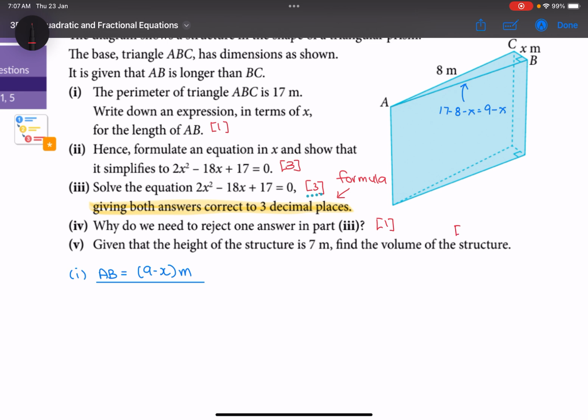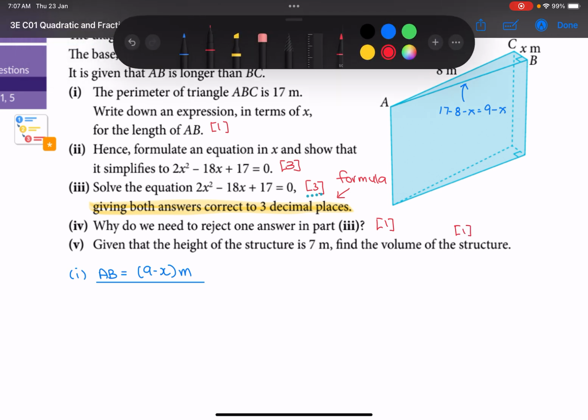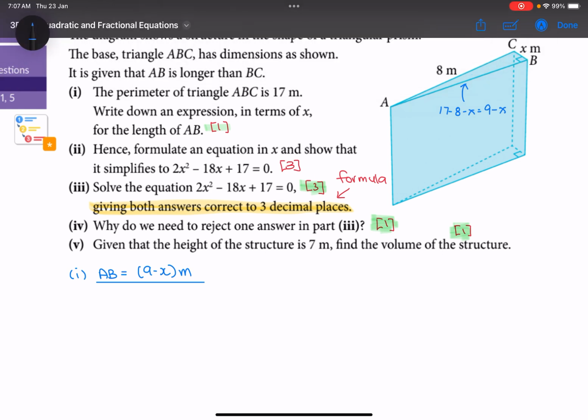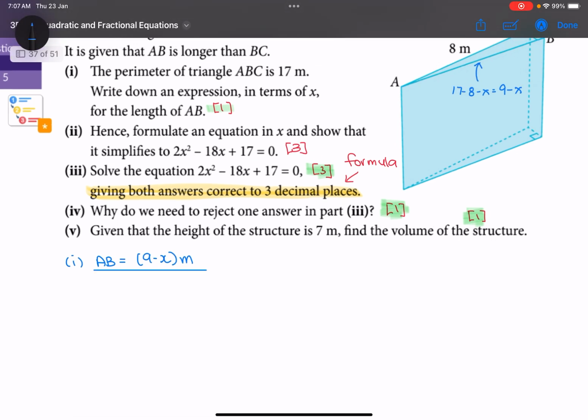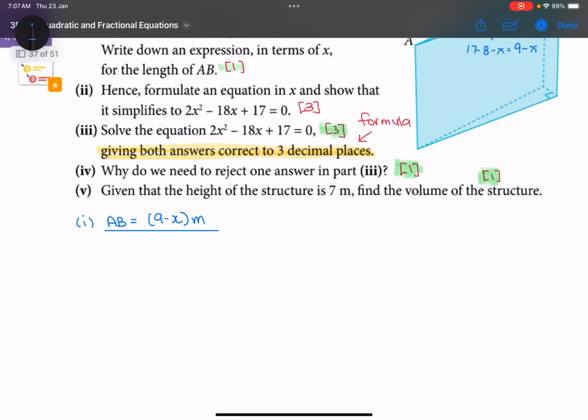And finding the volume will be 1 mark. 9 marks. Even if I cannot form the equation, I should be able to settle this. I definitely can solve. I can reject and use my brains and reject. And I can find. So, without my equation, I still can get 6 out of 9. Okay? So, let's continue.